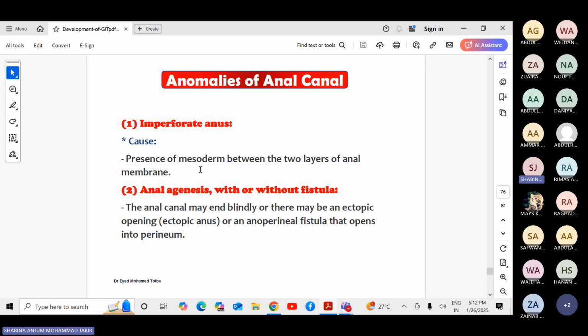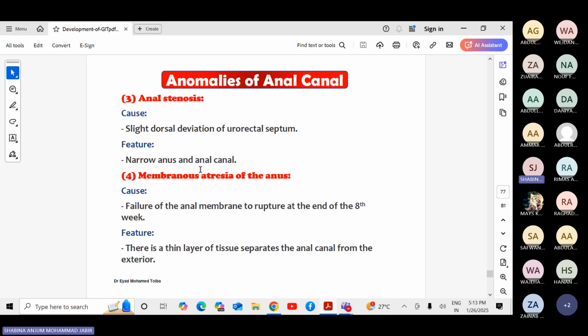In this, the anal canal may end blindly, or there will be an ectopic opening at another site. Similarly anal stenosis or atresia. There could be membranous atresia in which the anal membrane has not ruptured at 8 weeks, so a thin layer of tissue will be present.